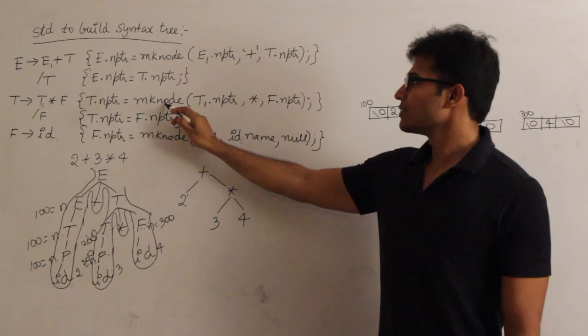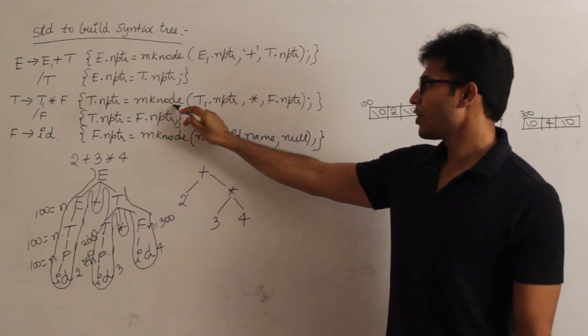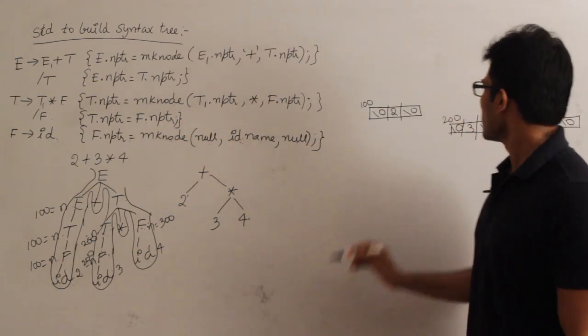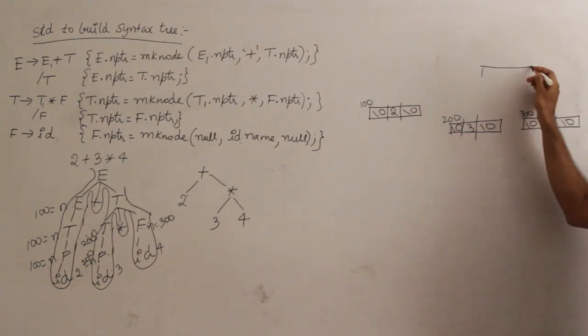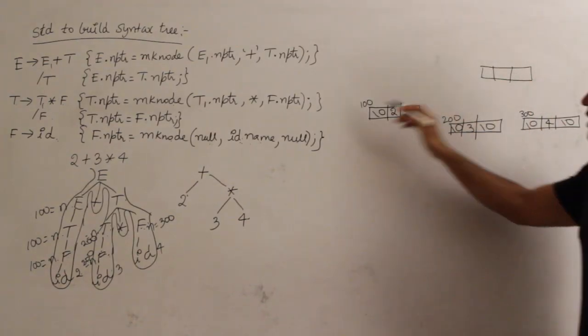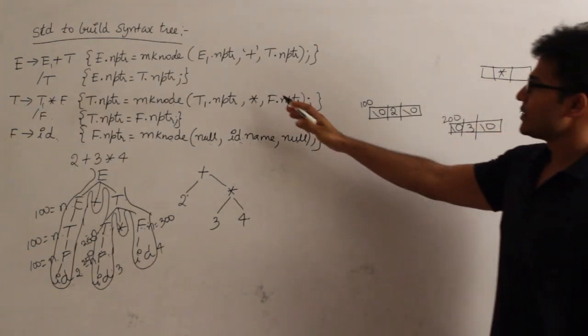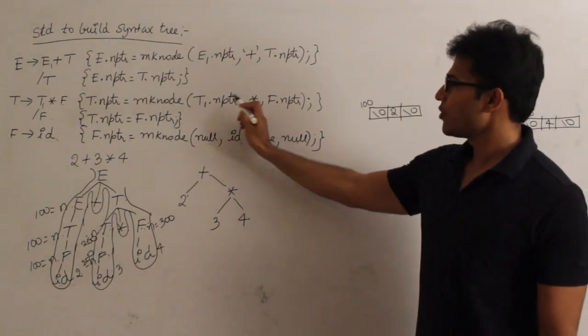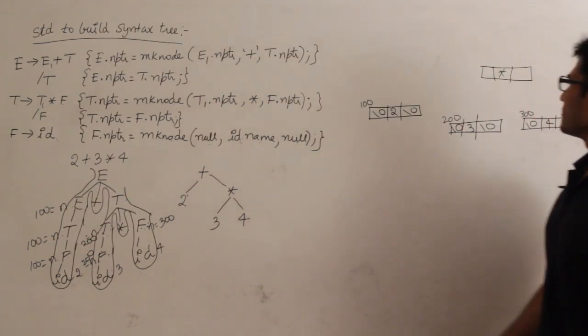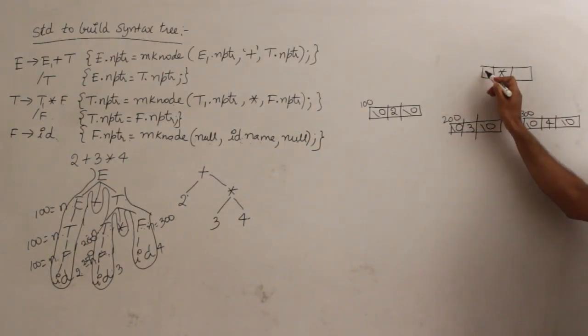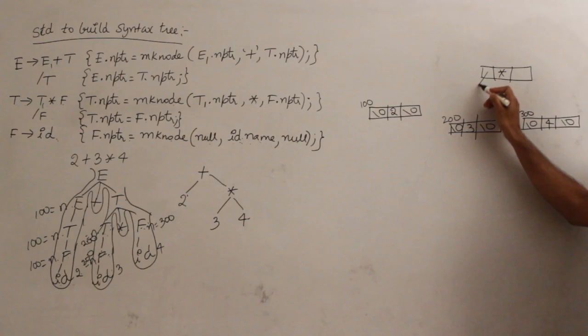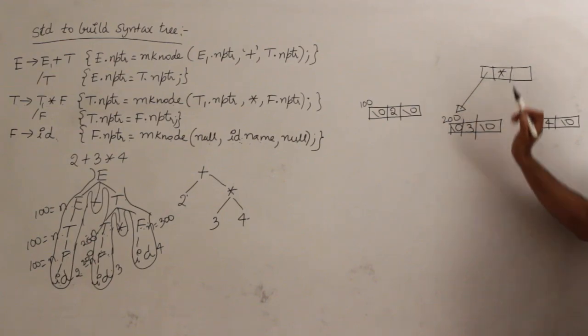Then what should be done? We should make a node. The value of that node is star. And what is the left pointer of that node? The left pointer is t1.nptr, which is 200, which means it will be pointing to this.